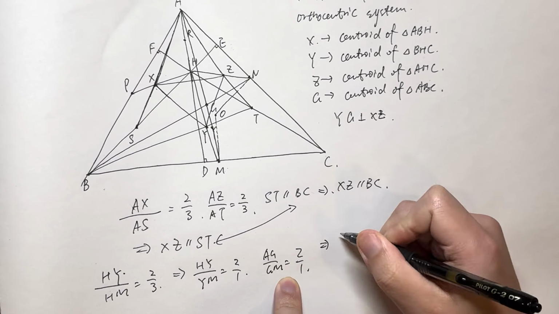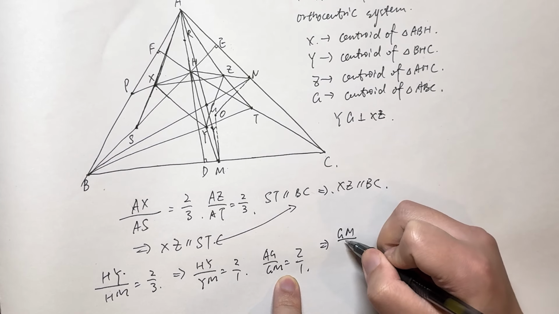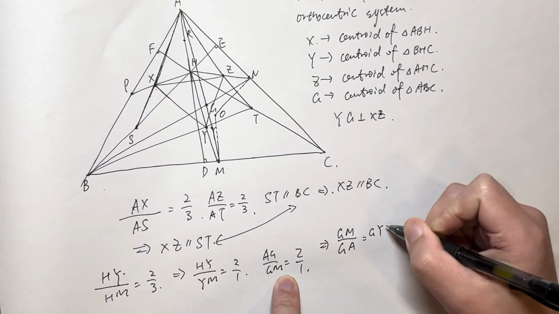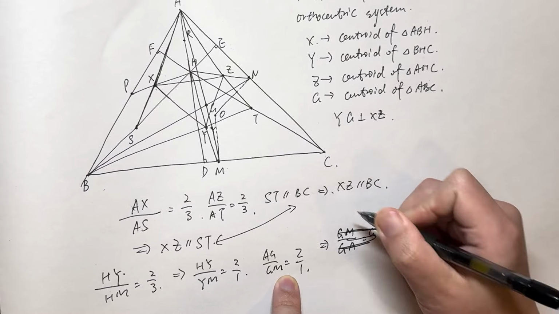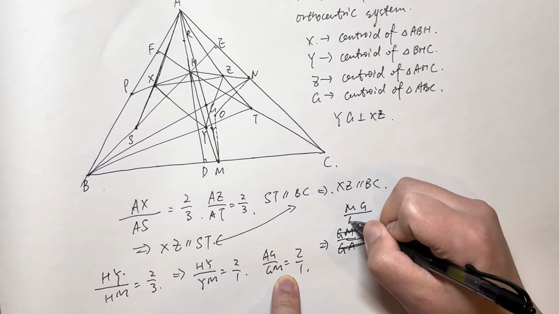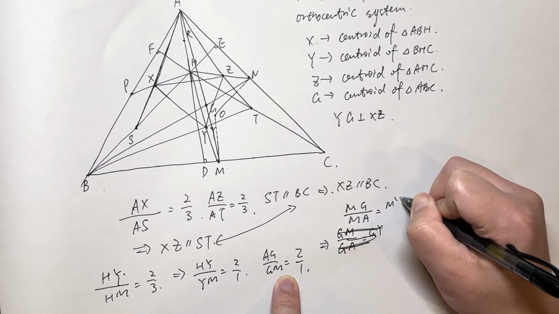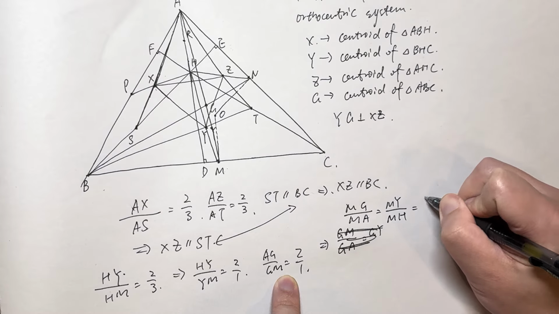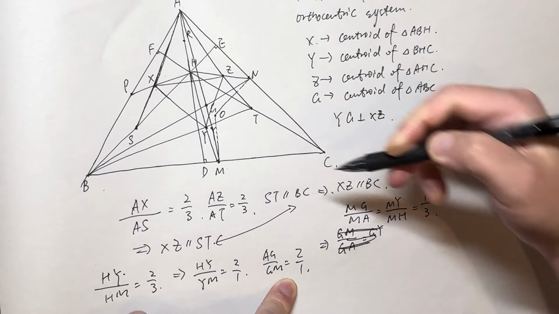So we know that MG to MA equals MY to MH equals 1 to 3, right?